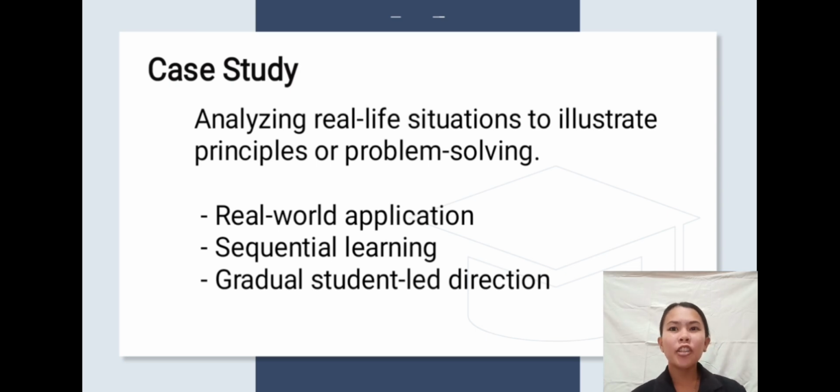Imagine presenting a real-world business challenge and having students analyze it to understand marketing strategies. The key features are real-world application, sequential learning, and gradual student-led direction.